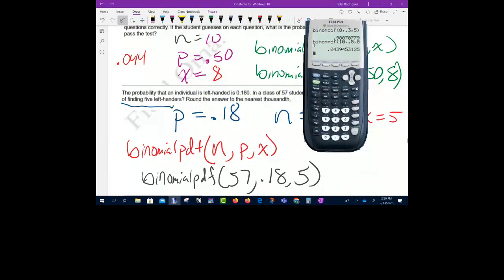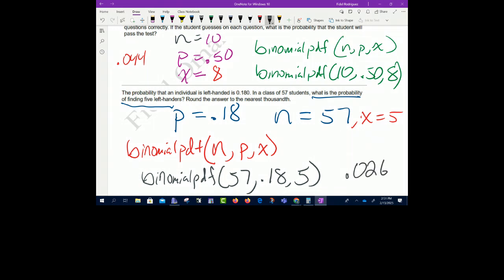Let's scroll down a bit. Here we go. I'm going to go 57, comma 0.18, comma 5. And let's close that up. Again, if I go to 3 decimal places, 0.026. So when they ask me to round to the nearest thousandth, that means 3 decimal places.